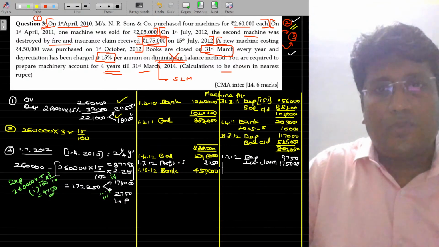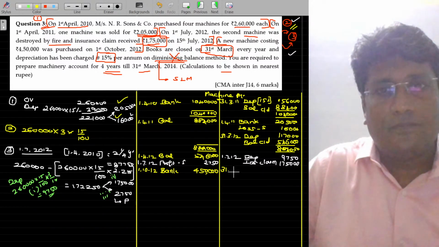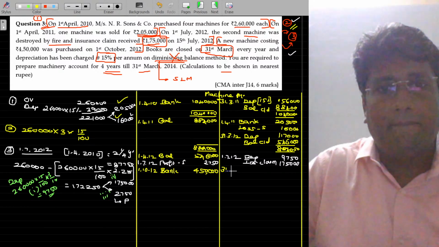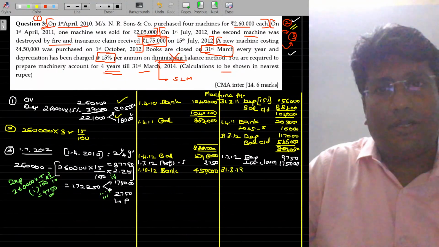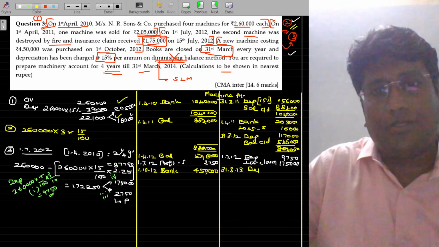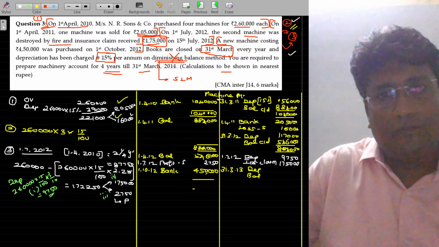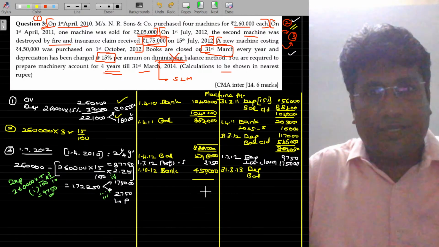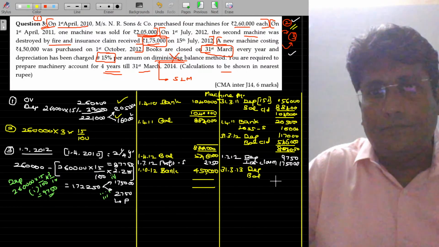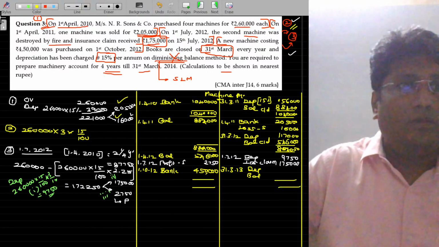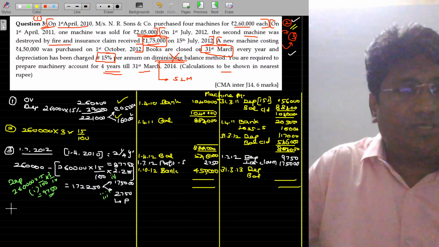Now, for the year end, 31st March 2013, we have to create the depreciation and then the balancing figure. So I am going to calculate the depreciation for this year.